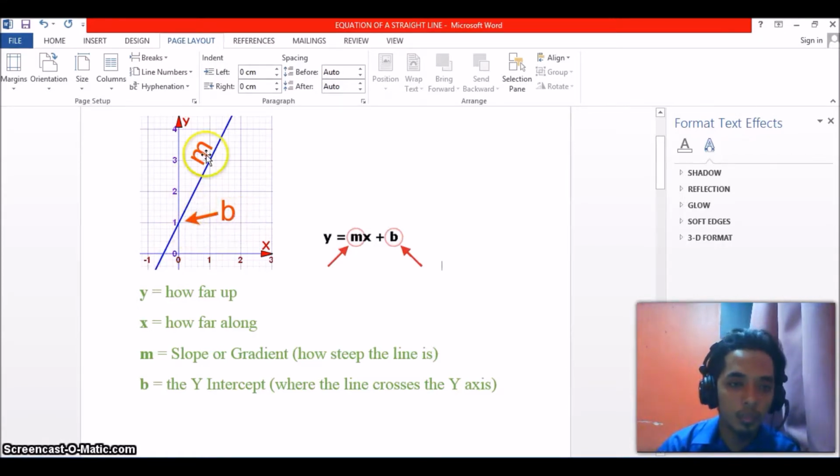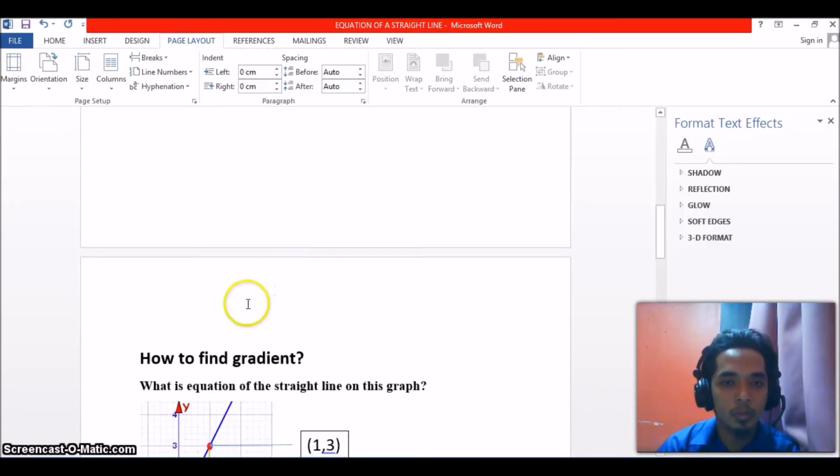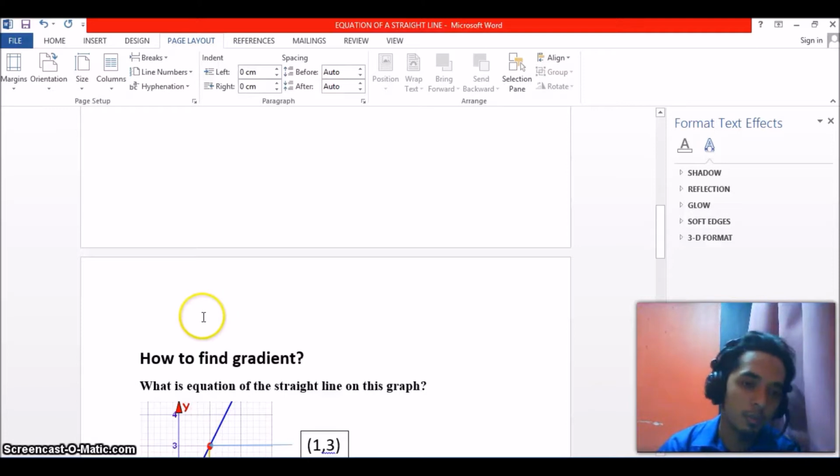So m is the slope or gradient, how steep the line is, x is how far along, and y is how far up. Now you must know what y, m, x, and b are. So I will move to the next part, which is how to solve questions about the equation of a straight line.